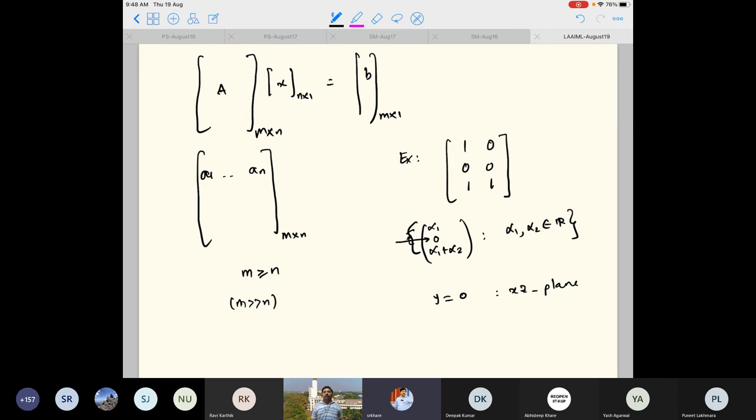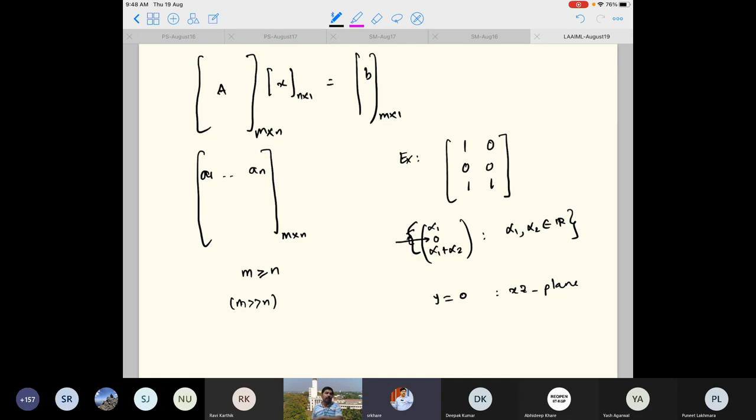So now if I give you a vector B and I say write that vector B as a linear combination of columns of A, will you be able to write it? Not always, because if the vector lies outside the xz plane, then you will not be able to write it.